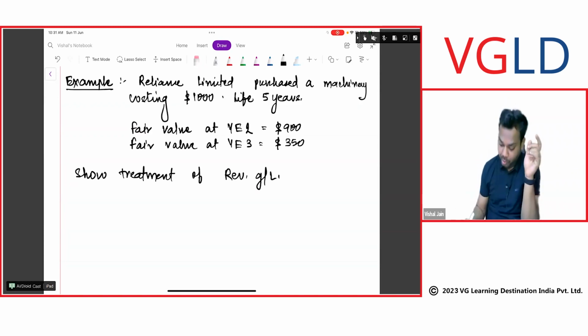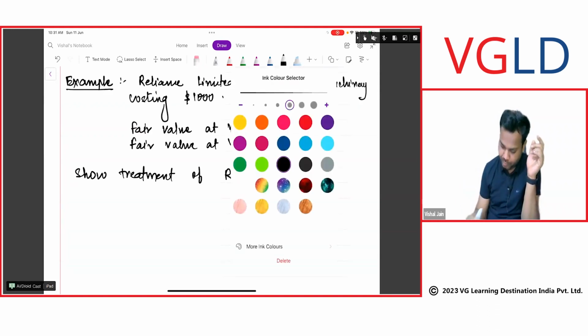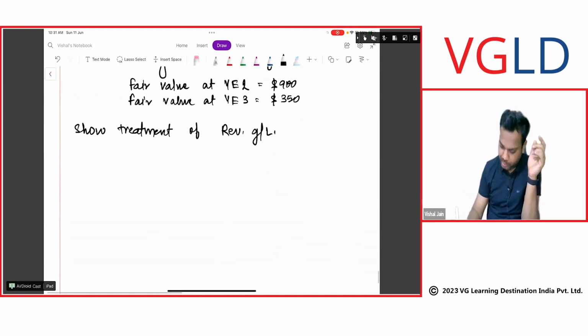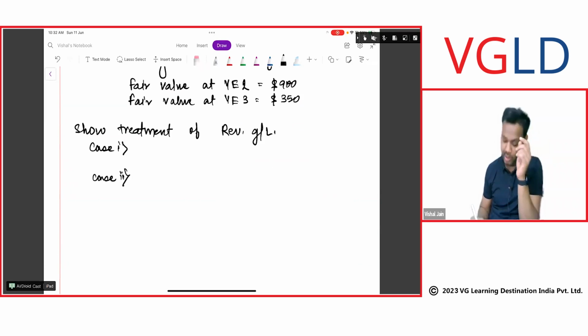Okay, just one more line item I'll write here. So the treatment in two cases, okay? Case one, case two. Revaluation reserve is transferred to retained earnings at the time of disposal.